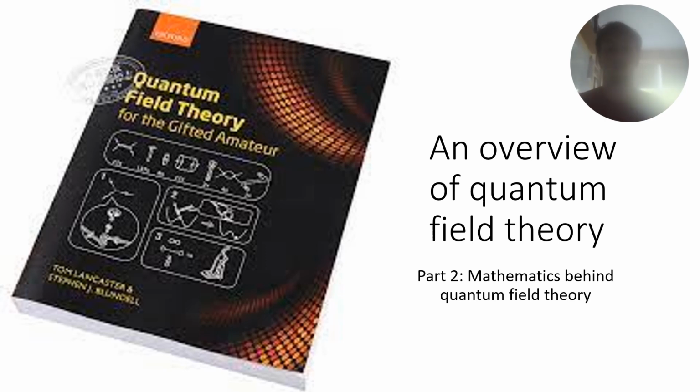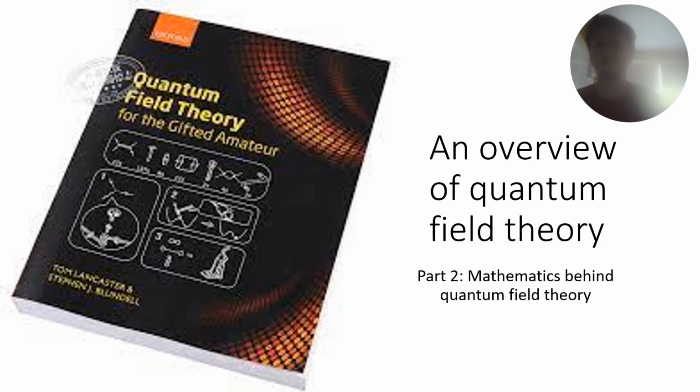So in this video I'm doing an overview of quantum field theory for the gifted amateur, and this is part 2 where I'll be looking at the maths that underpin quantum field theory. It is worth saying that because the maths is fairly advanced and there's a lot going on, I will be just skimming the surface.